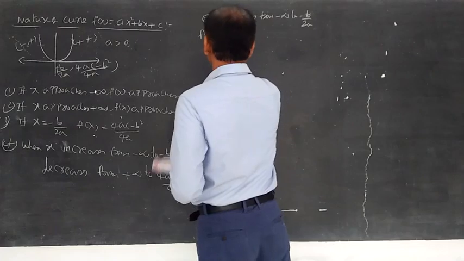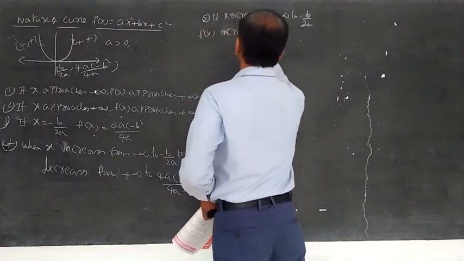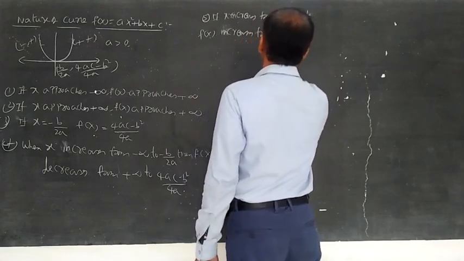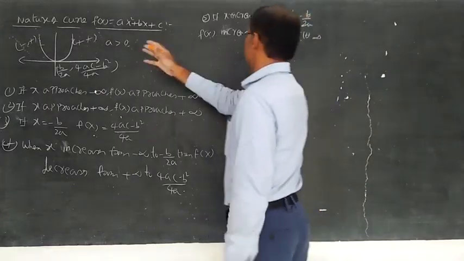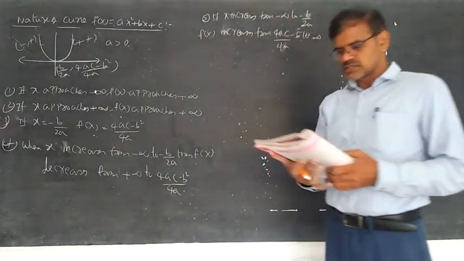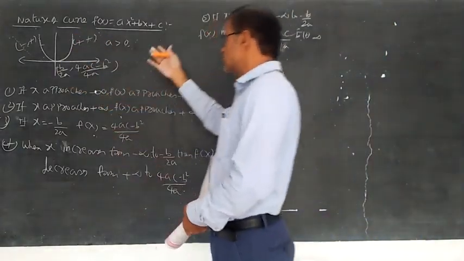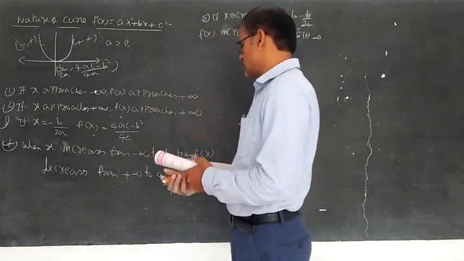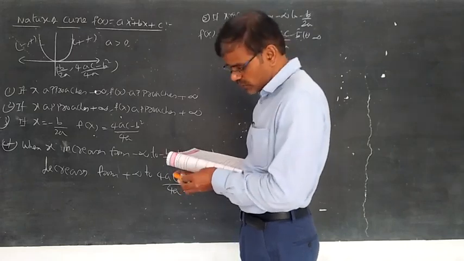The f of x increases from 4ac minus b square by 4a to infinity. This side plus. For increases, we can use increase concept, and for this one also minus 2 plus increases, this value will be decreasing from plus infinity to 4ac minus b square by 4a.